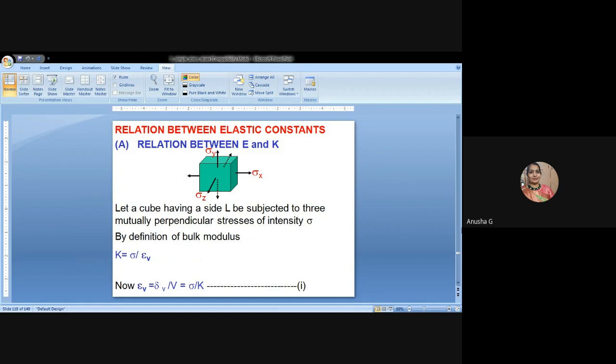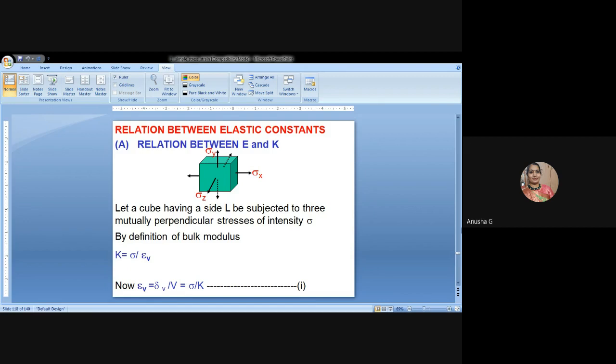For space frames, which have horizontal, vertical and inclined members, we have sigma x, sigma y and sigma z. Here you can take one cube with equal sides subjected to three mutually perpendicular stresses of intensity sigma. The bulk modulus is given by the formula stress by volumetric strain.